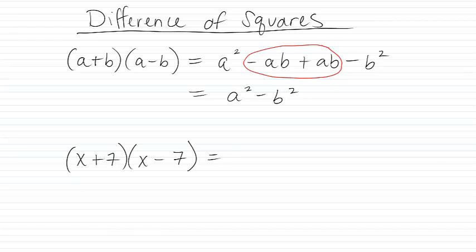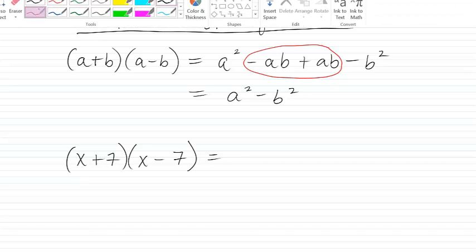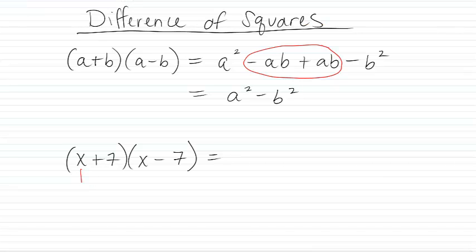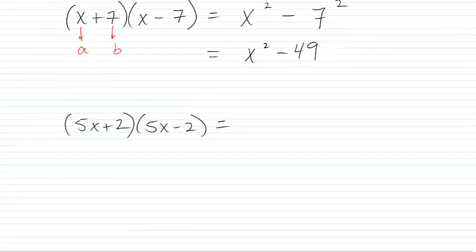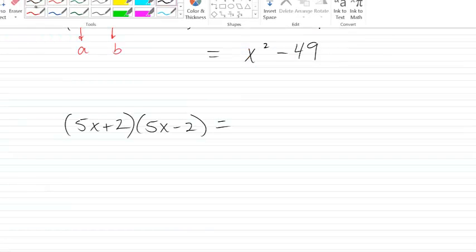So in the problem below, I could say that my a is x and my b is 7. So this product should be x squared minus 7 squared, which is x squared minus 49. You may see examples where your a and your b are a little bit more complicated.